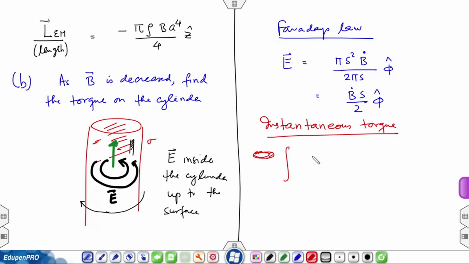So, the charge is going to be rho times 2 pi s ds. Force on this will be times B dot s over 2. Distance is s, and I integrate this from 0 to a in the z direction. This is for the solid part.